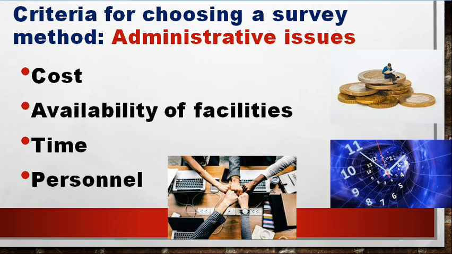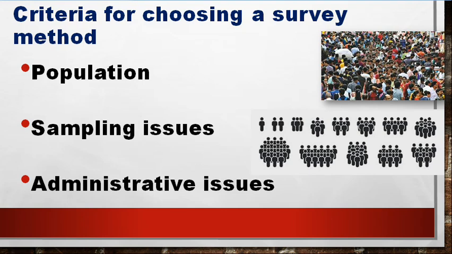Number one, you consider the population, you consider the issues around the sampling, you consider administrative issues. If you consider all of these, it will be easier for you to decide on the particular survey method that will suit the project you have at hand.